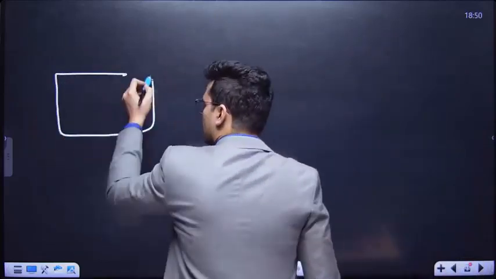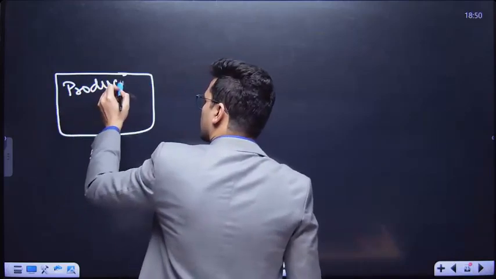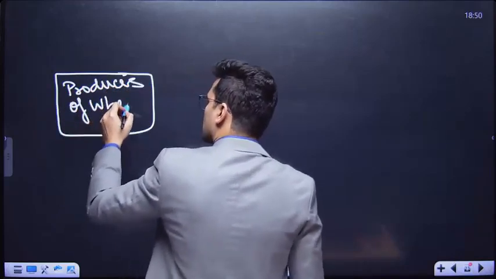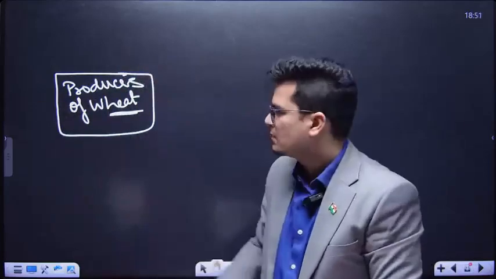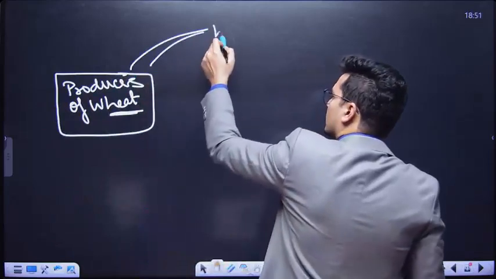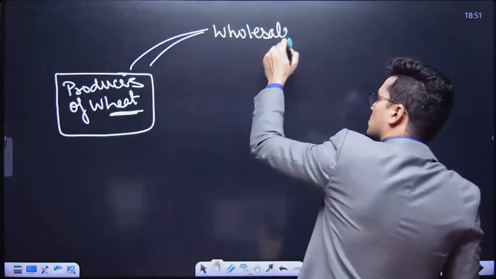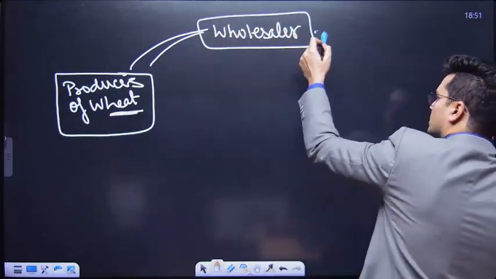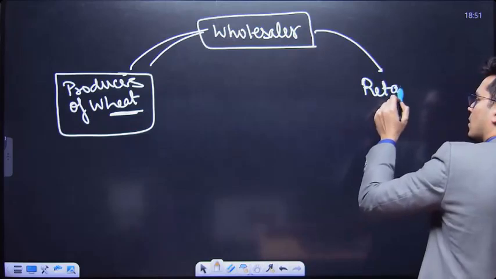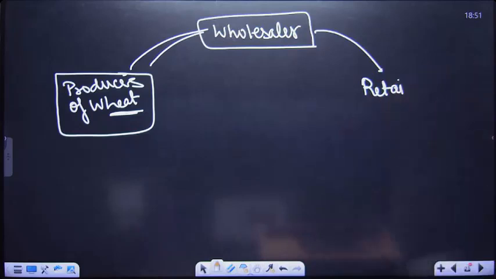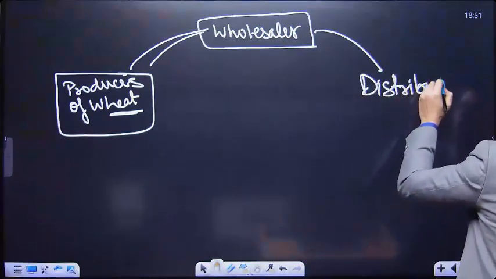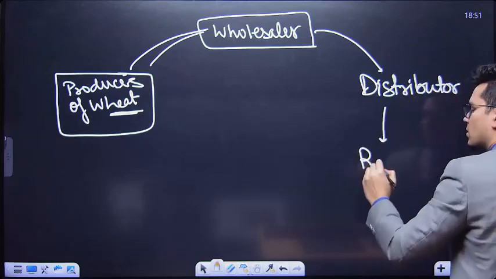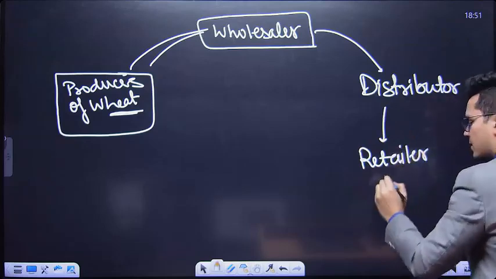Let's say producers of wheat, एक सेट ऑफ फार्मर्स है वो प्रोड्यूस व्हीट, बहुत सारे फार्मर्स ने मिलकर व्हीट प्रोड्यूस किया, ये व्हीट खरीदा होलसेलर ने, इसने आगे बेचा रिटेलर को, actually there is distributor, it's not retailer, इसने आगे बेचा डिस्ट्रीब्यूटर को, डिस्ट्रीब्यूटर ने बेचा रिटेलर को, and रिटेलर ने बेचा कंज्यूमर को.